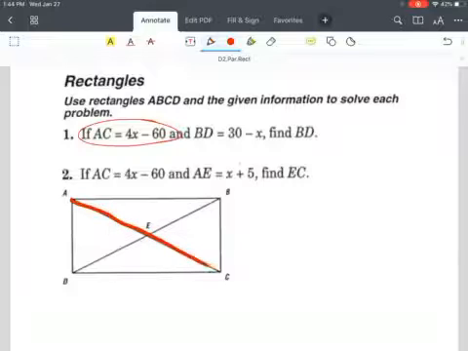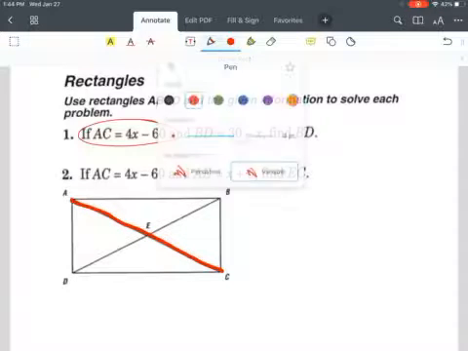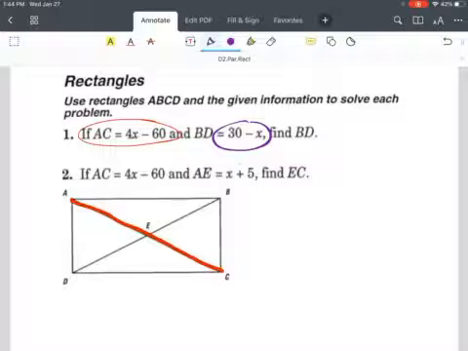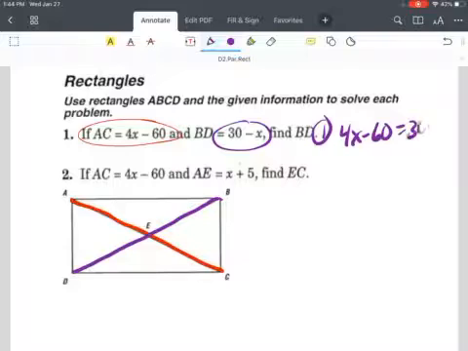It says AC is 4x minus 60, and BD is 30 minus x. Those are both diagonals, and diagonals are equal to each other. So I'm going to set 4x minus 60 equal to 30 minus x, which is going to give me 5x equals 90.